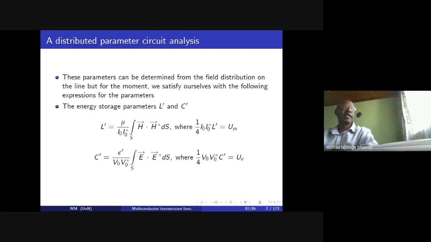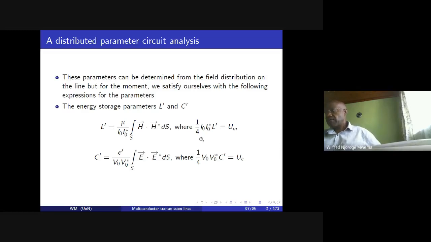L prime will be given as the magnetic permeability of the medium divided by the amplitude modulus squared, and the integral over the surface of the magnetic field intensity magnitude squared, over the cross section of the line.